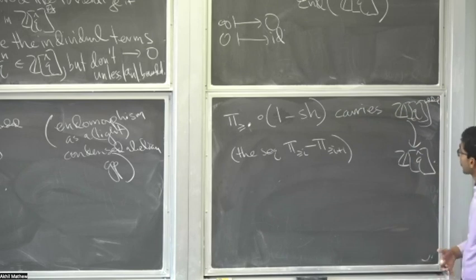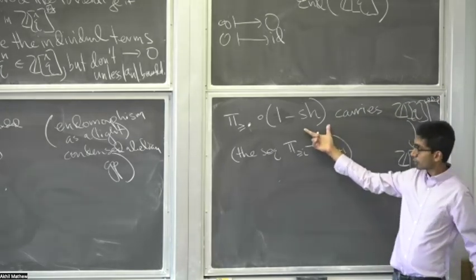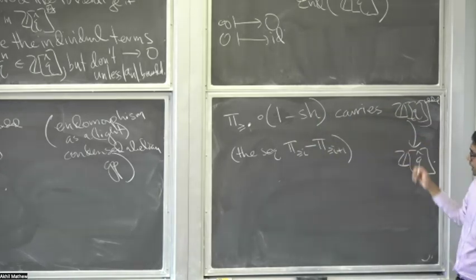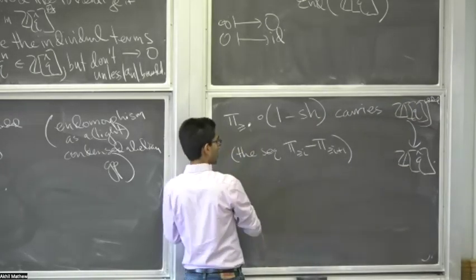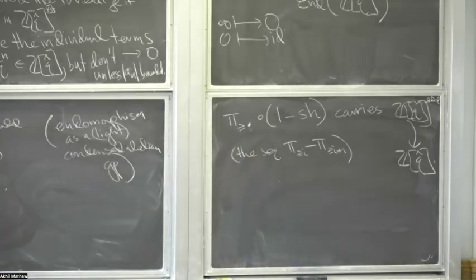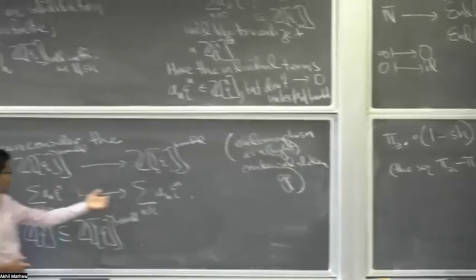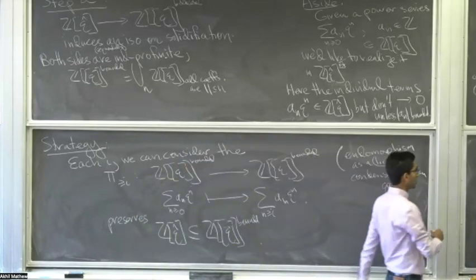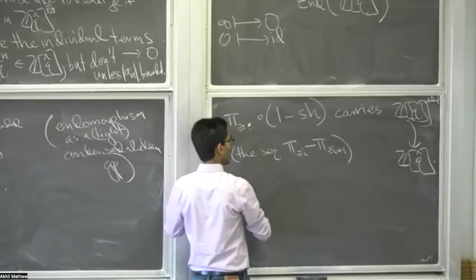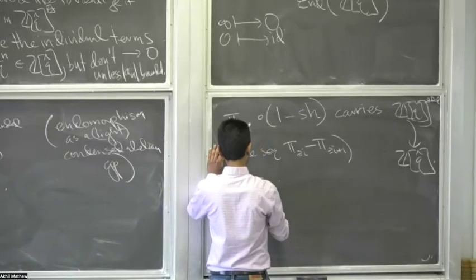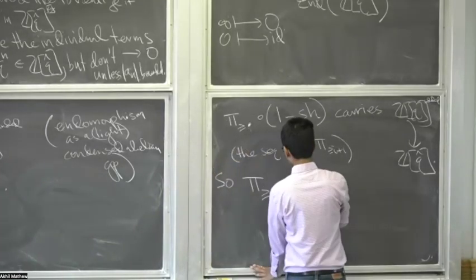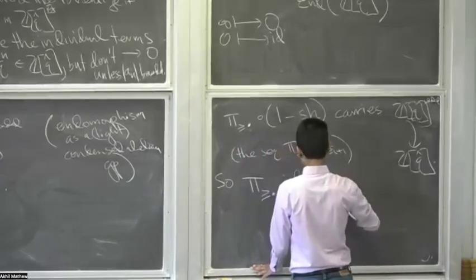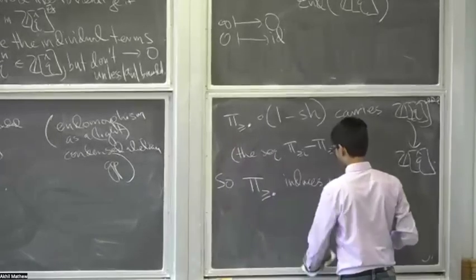So in particular, if you think about the induced null sequence of the quotient, that's because π_{≥i} minus π_{≥i+1} is just like a_i q^i, so it's a polynomial rather than a power series. So the observation is that π_{≥*}, well, first of all, it induces a null sequence of endomorphisms.